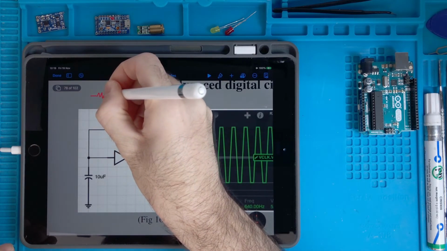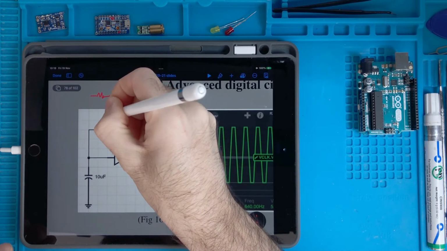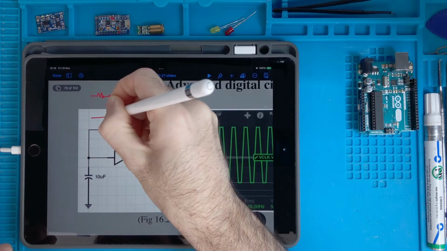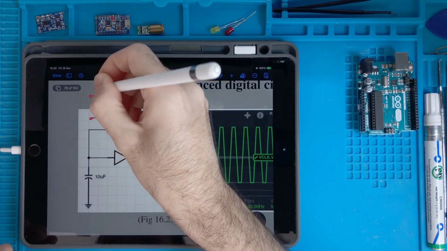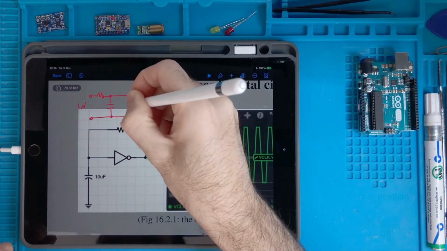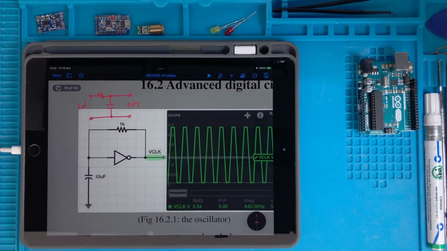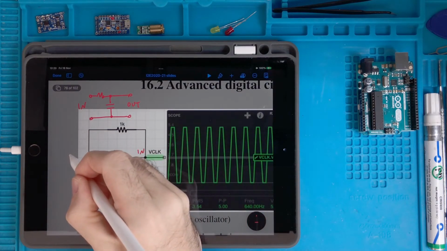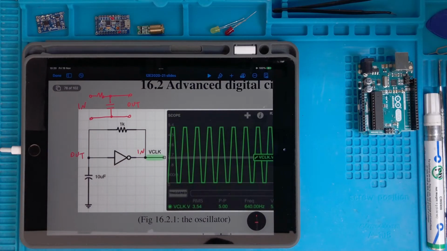So R, C, let's say in and out. This is a low pass filter where the input is this and the output is that one.